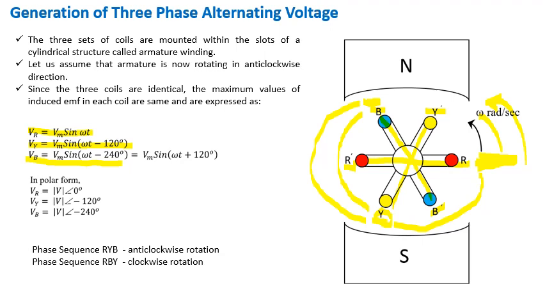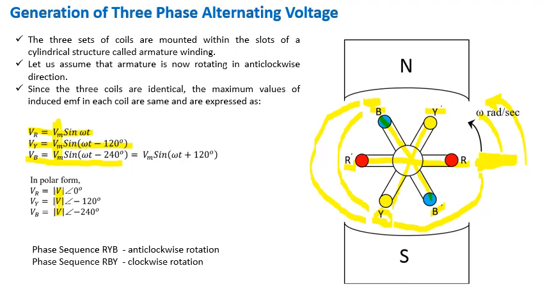The B phase voltage is represented as mod of V at an angle minus 240 degrees, or it can be written at an angle of plus 120 degrees. Now remember, these values of V represent the RMS values, whereas in the trigonometric form they were represented using maximum values.